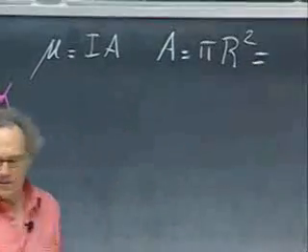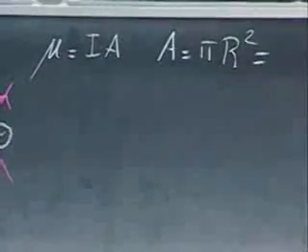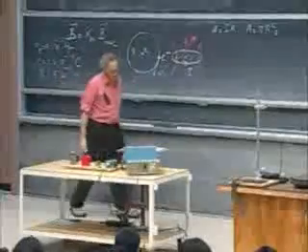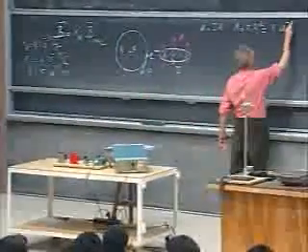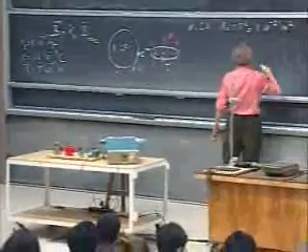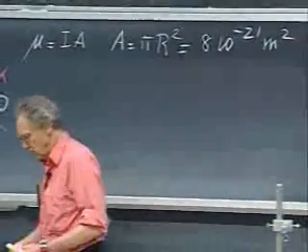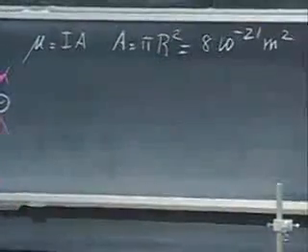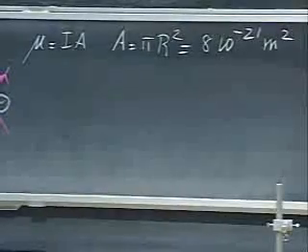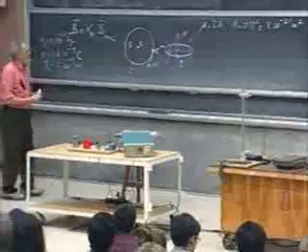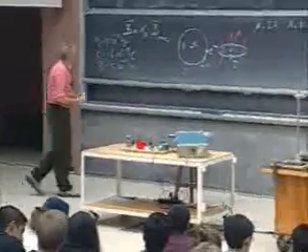If I use my 5 times 10 to the minus 11, then I find that this area is 8 times 10 to the minus 21 square meters. So that's easy. But now comes the question, what is I? What is the current? So now we have to do a little bit more work, and we have to combine our knowledge of 802 with our knowledge of 801.